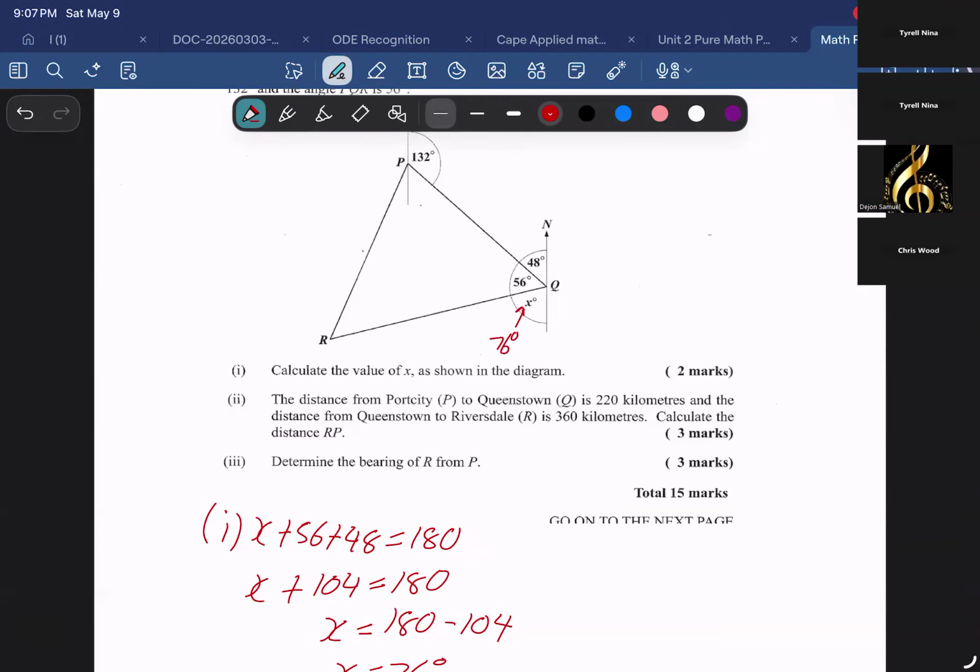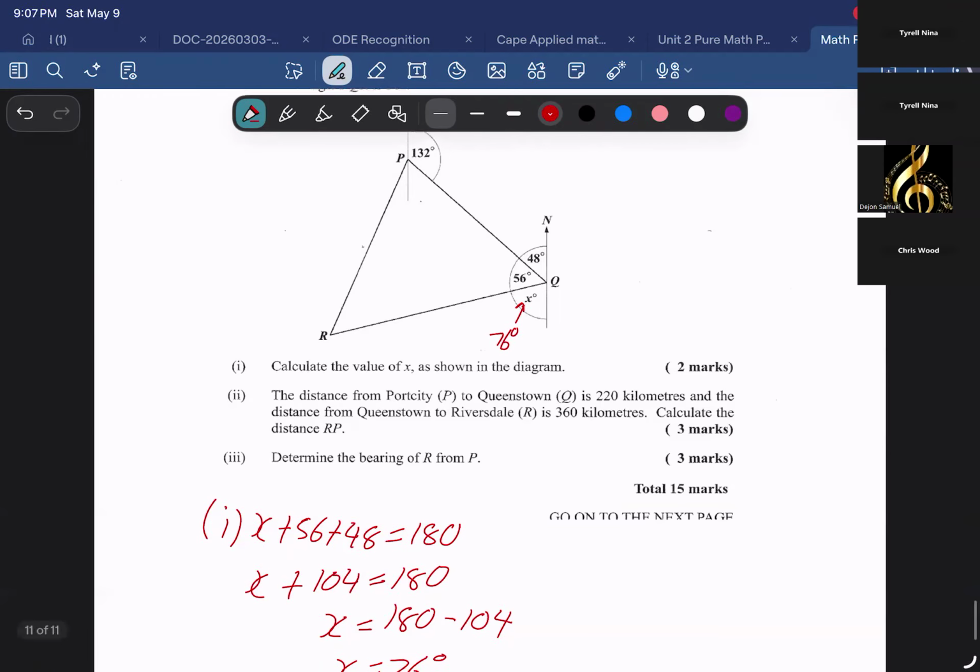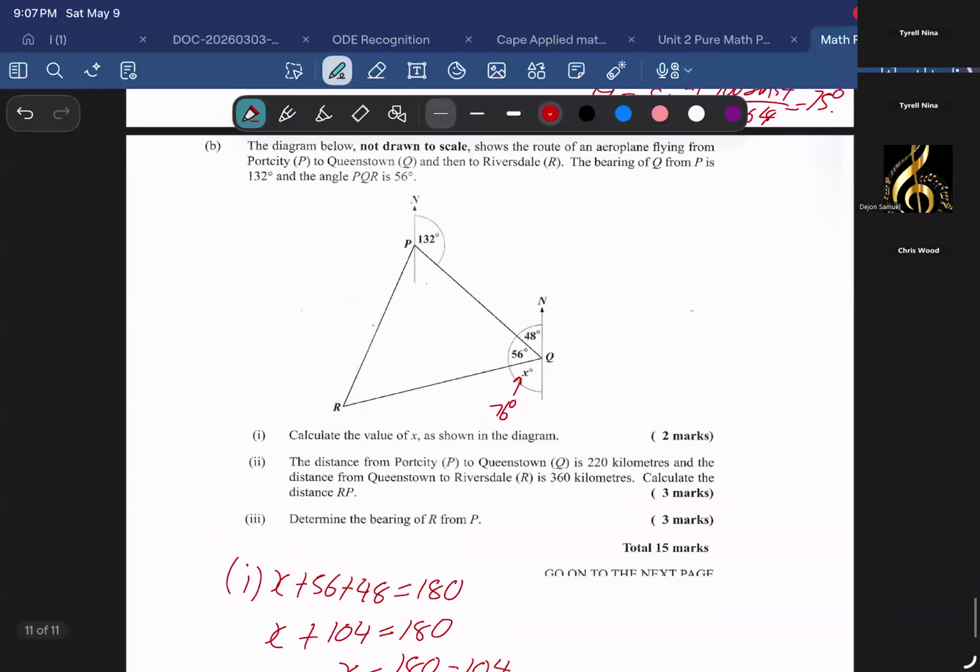And we're in touch with bearings, right? The distance from Port City to Queenstown is 220, and the distance from Queenstown to Riverdale is 360.